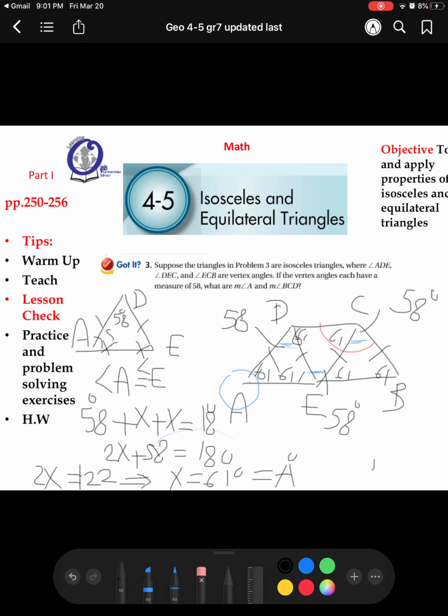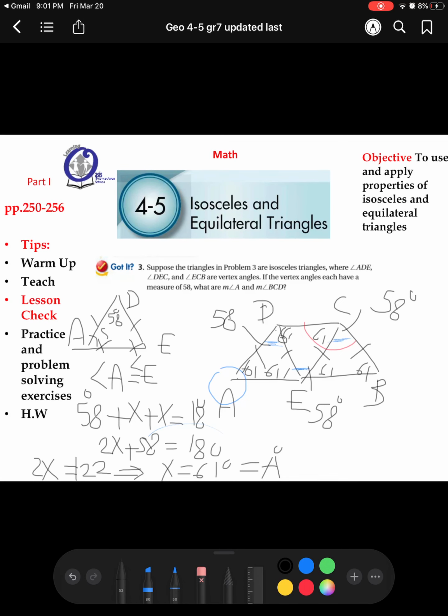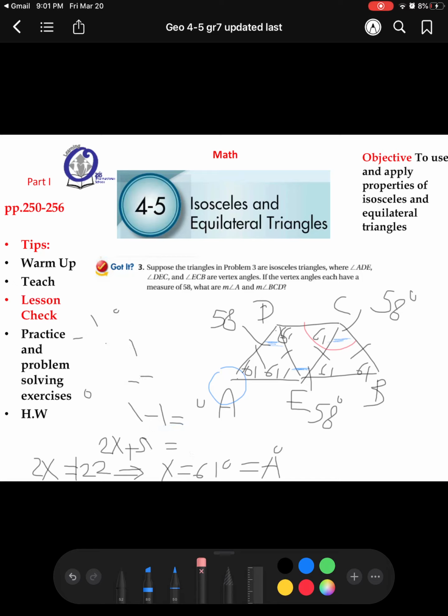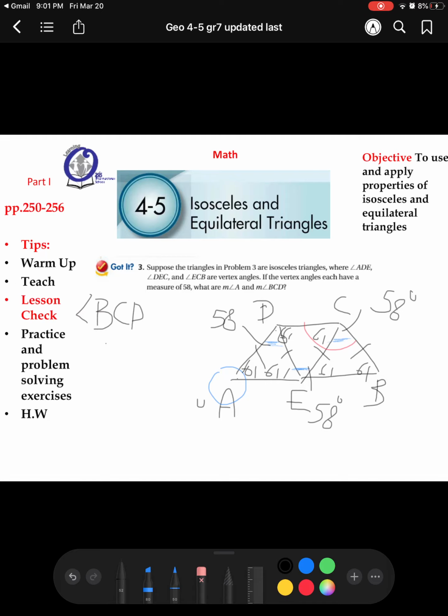Okay, so now if we want to find the measure of the big angle, which is BCD, it will be the sum of the vertex angle which he gives me plus the 61 that I got.